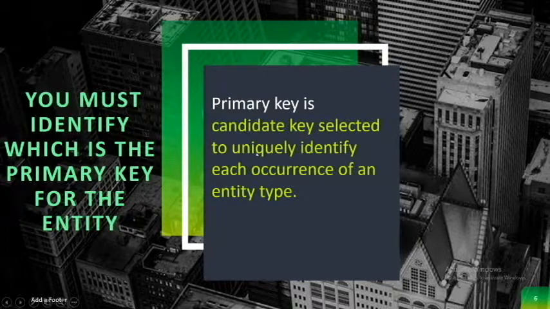Okay, that means it is one thing that's unique, like student ID. All students will have different student numbers, so that will be a primary key, something that is unique.